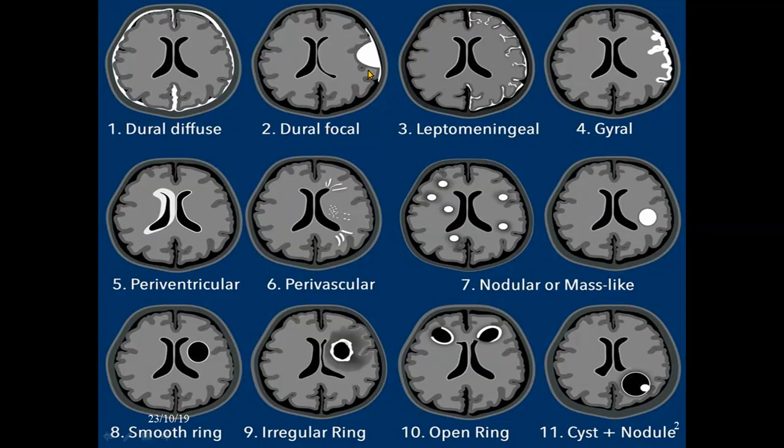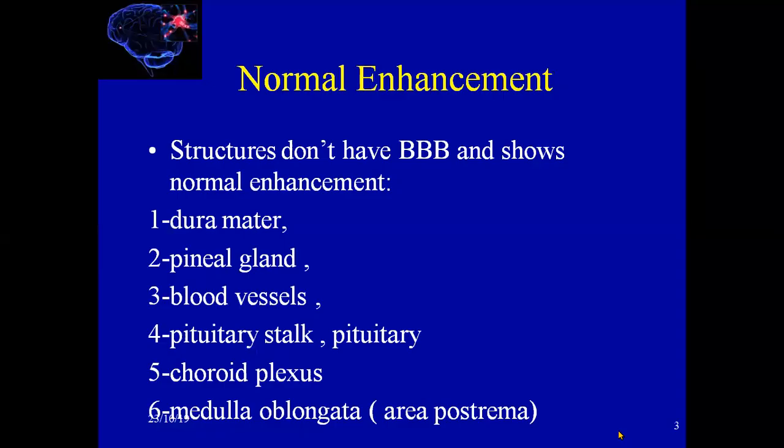Second is focal dural enhancement, and we have leptomeningeal enhancement, gyral enhancement, also periventricular enhancement, perivascular, and number 7 here, nodular or mass-like enhancement, a smooth ring enhancement, irregular enhancement, and open ring enhancement also. Lastly, we'll talk about the cyst, which has a nodule inside.